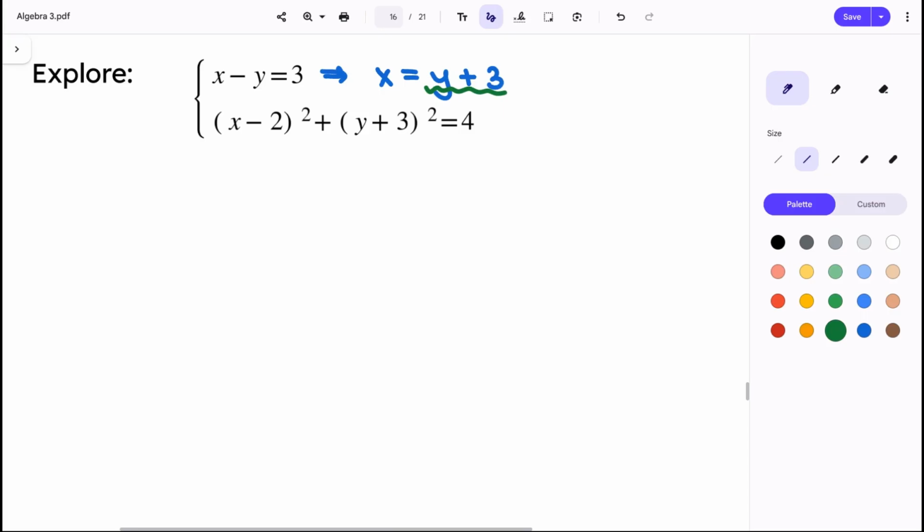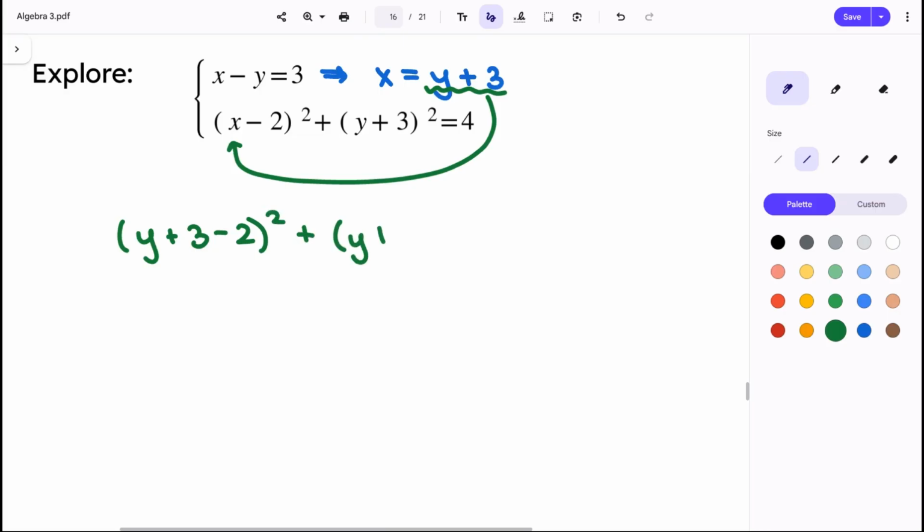Plug it in on the second equation where? Wouldn't it go in for x? Because we're saying x equals. So now this is going to say y plus 3 and then minus 2 squared. Y plus 3 squared equals 4.